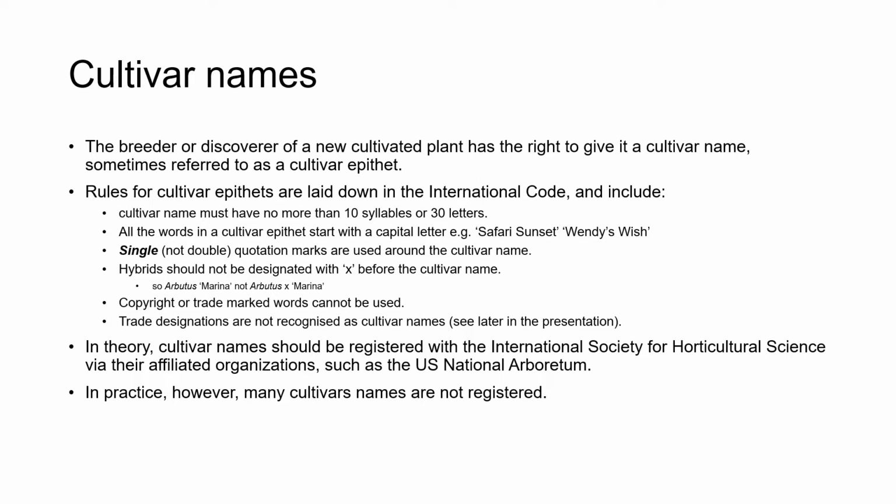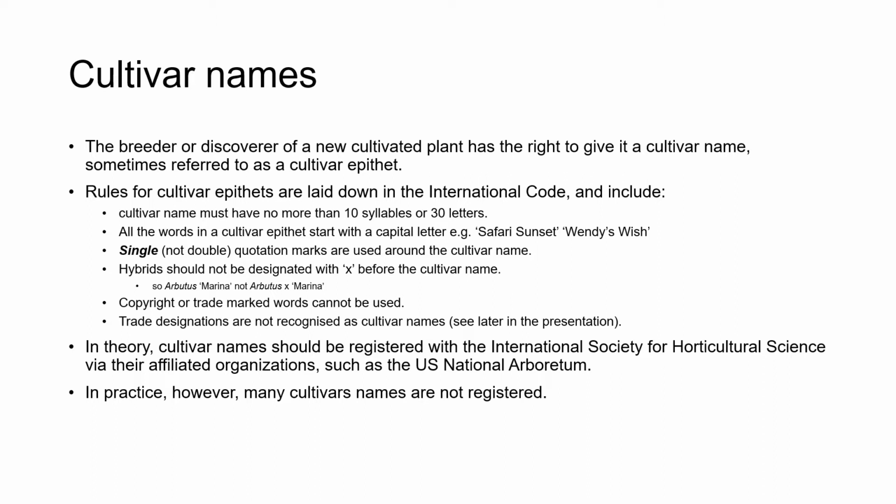The genus and the specific epithet are, but the cultivar name is not italicized. If the plant is a hybrid, you shouldn't include an X before the cultivar name. So we write Arbutus marina, not Arbutus X marina. Copyright or trademark words can't be used as registered cultivar names, and trade designations aren't recognized as cultivar names either, and we'll talk about these later in the presentation.